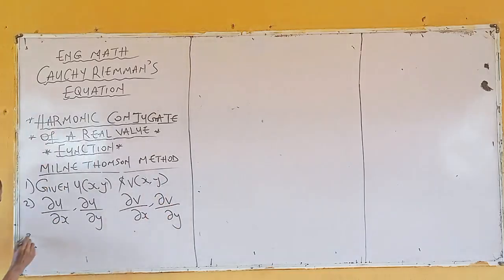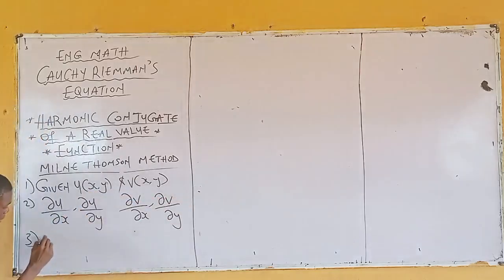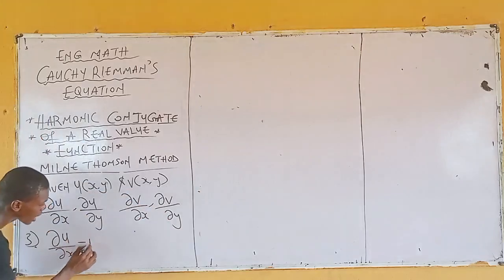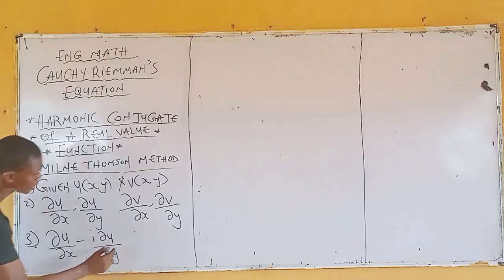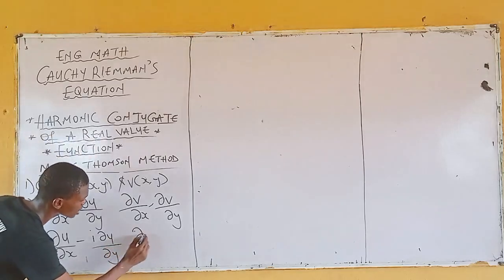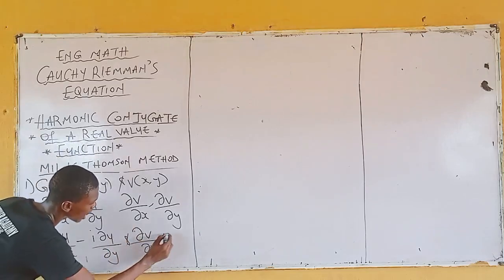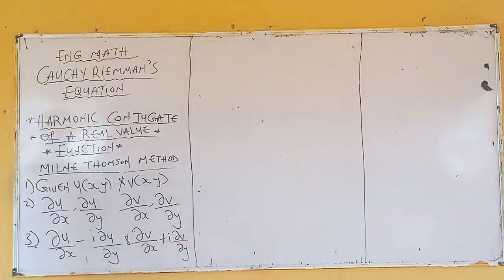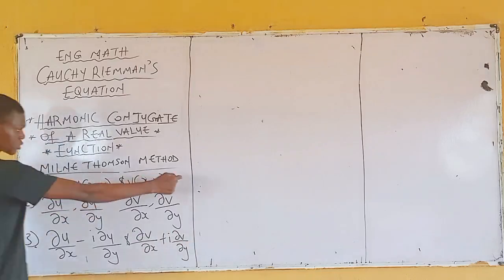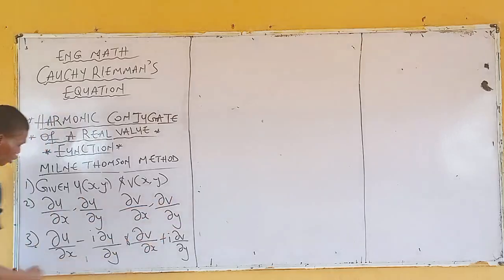Number 3, write these partial derivatives as partial derivative of u with respect to x minus i, partial derivative of u with respect to y, and partial derivative of v with respect to x plus i, partial derivative of v with respect to y. Meaning that given a question, given this function, find the partial derivatives. That's your step 2. Step 3, compute this.